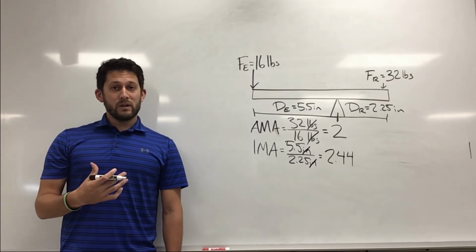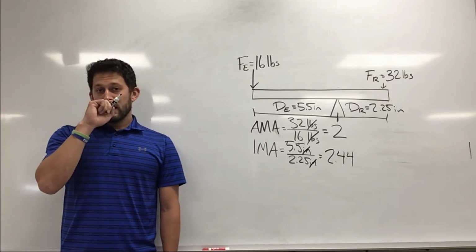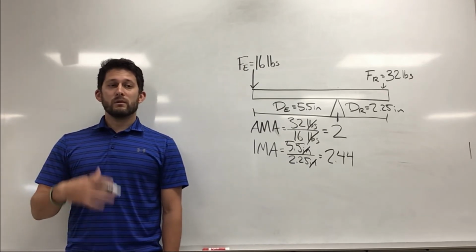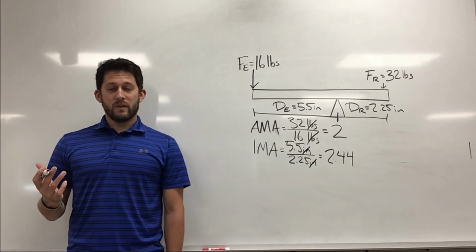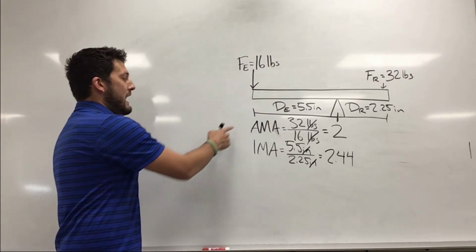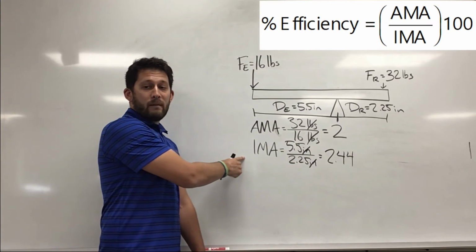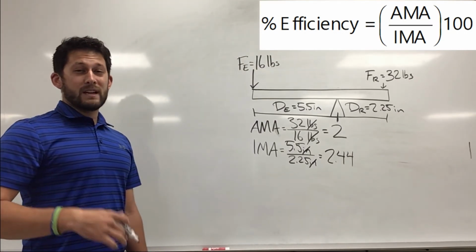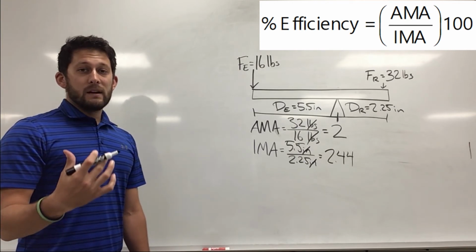So the last thing we have to do, another pretty easy calculation, is the efficiency. We're going to see how much energy we're losing to friction or outside forces or things like that. So to find our percent efficiency, we're going to take our AMA divided by our IMA multiplied by 100. Now watch out, because if you come up with a number that is greater than 100%, something's wrong.